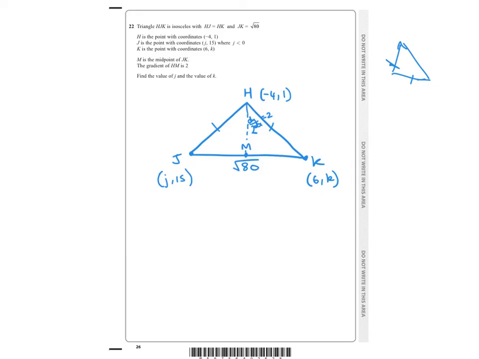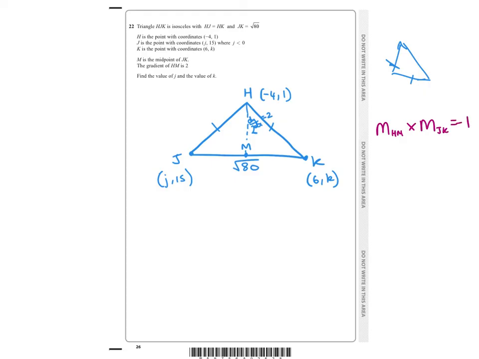Okay, first of all, because M is the midpoint, and we know that from M to H, which is directly above it, and because it's an isosceles triangle, it means that the gradient of HM is perpendicular to the gradient of JK. So that actually means that the gradient of HM multiplied by the gradient of JK has to equal minus 1 because they're perpendicular.